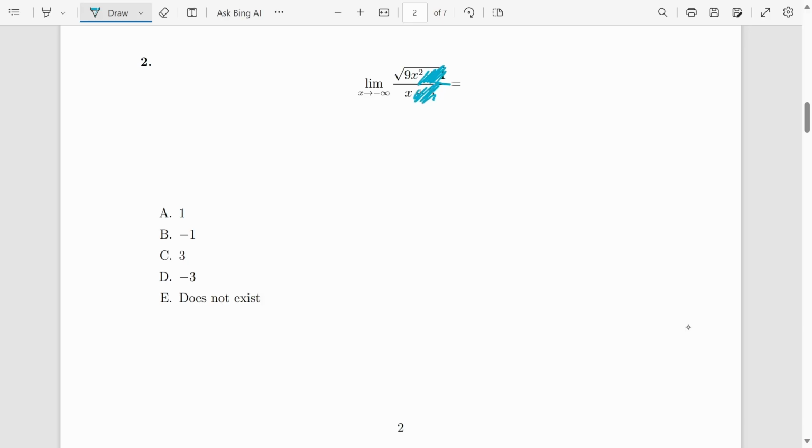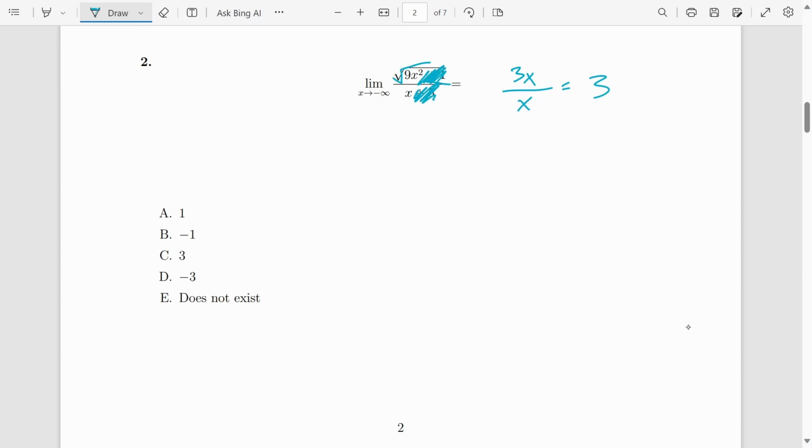So we're left with a much simpler problem to simplify: the square root of 9x squared all over x. Square rooting the top, we get 3x. That's all over x, and when you cancel the x's out, you're left with 3.